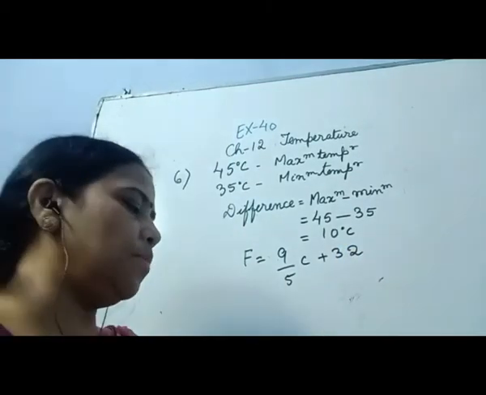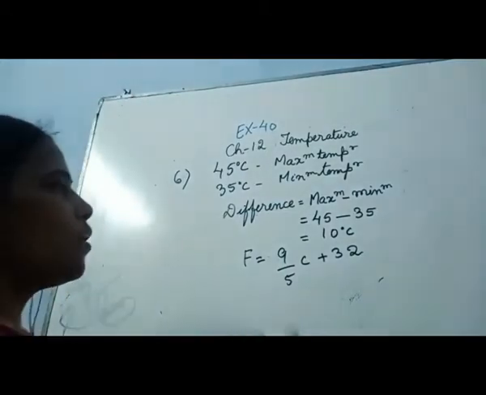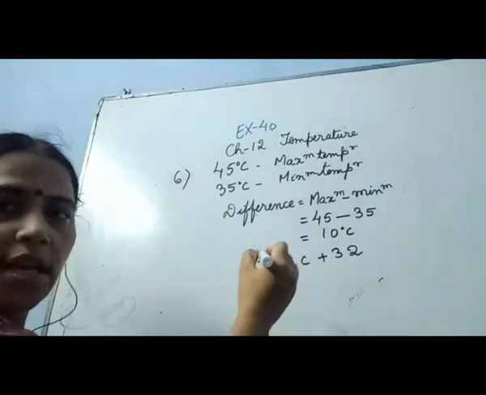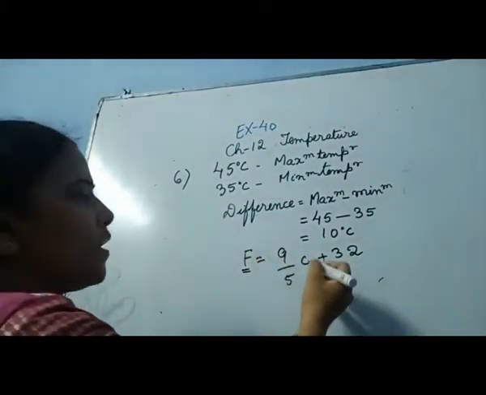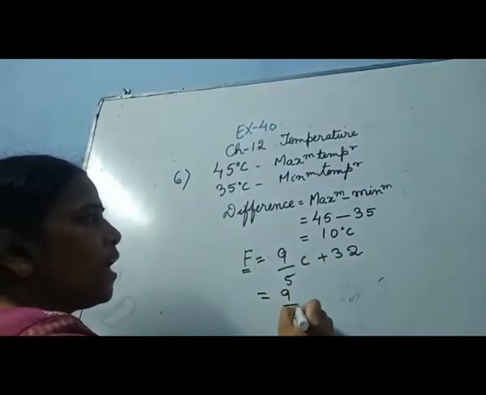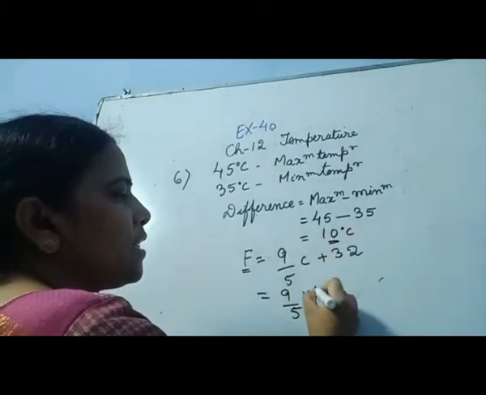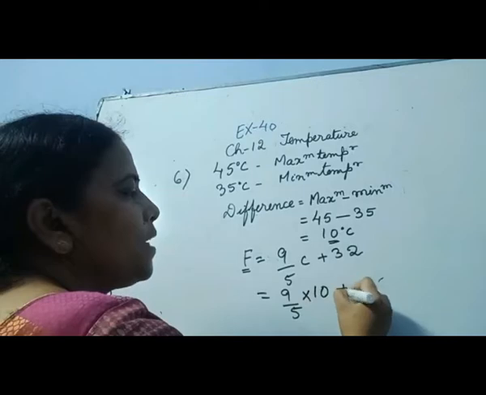This is the formula we can use to find the temperature in Fahrenheit if the temperature is given in the Celsius scale. So we write 9 by 5, and what is C over here? C is your temperature in Celsius, that is 10 degrees, plus 32.